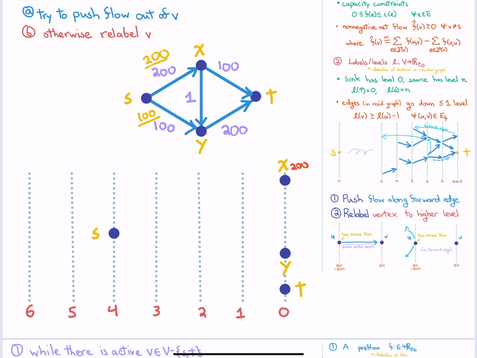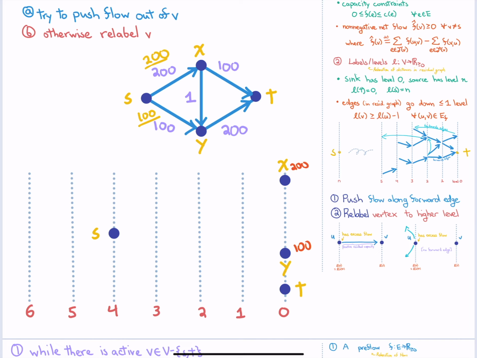Y will have excess 100 because I pushed 100 units of flow from S to Y. T doesn't have any excess. T will also never change.